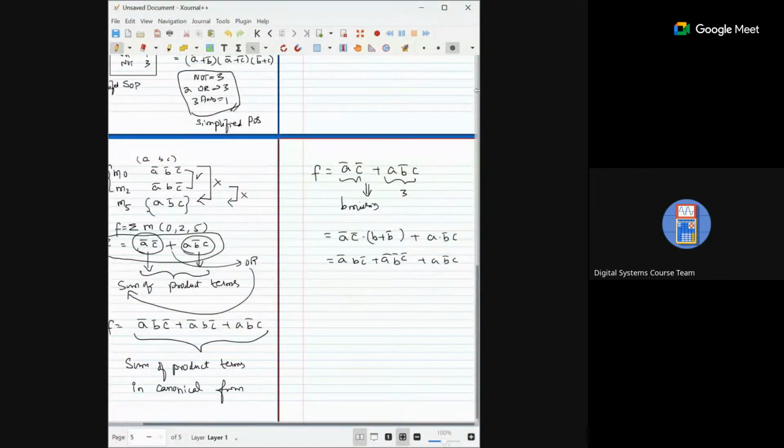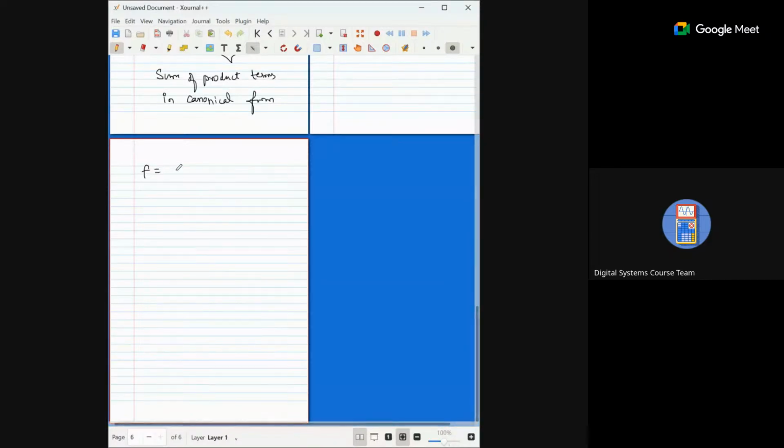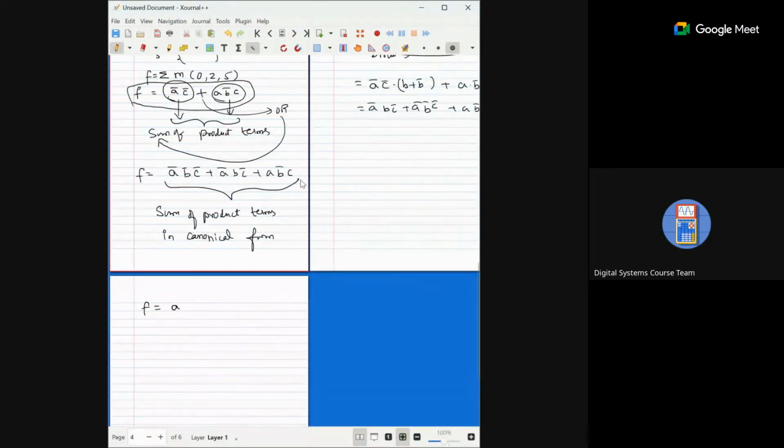Can you please write the same above expression? Let's take F equal to A C. It is A bar C bar plus A B C bar.